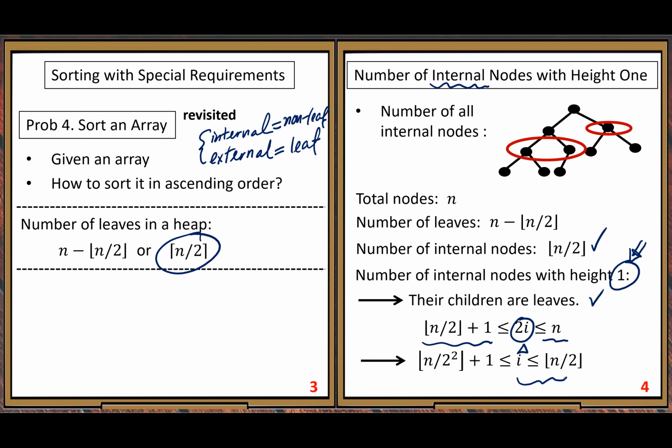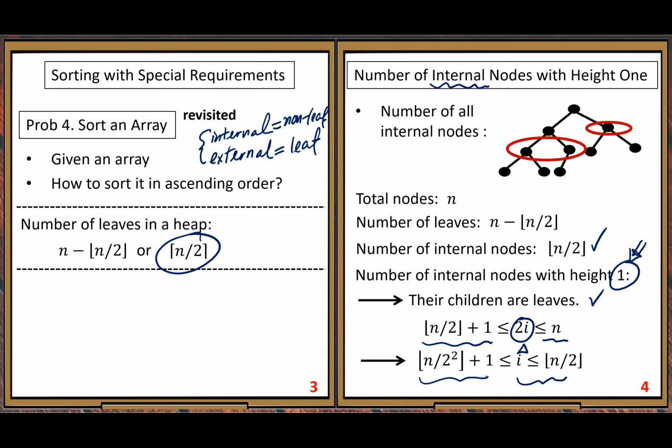But how do you see the left-hand side? Division by 2, then taking the ceiling function, why do you have the lower bound for i? Here, I jumped a little fast.